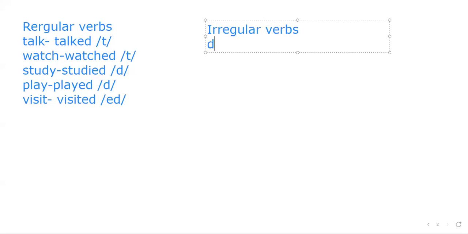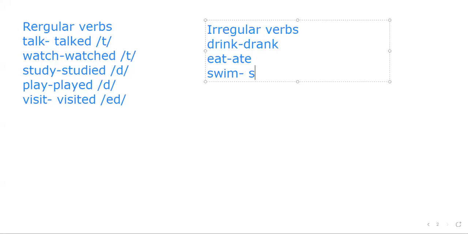For example, an easy verb, drink. Simple past, drank. Eat. Simple past, ate. Swim. Simple past, swam. Come, came. Buy, bought.